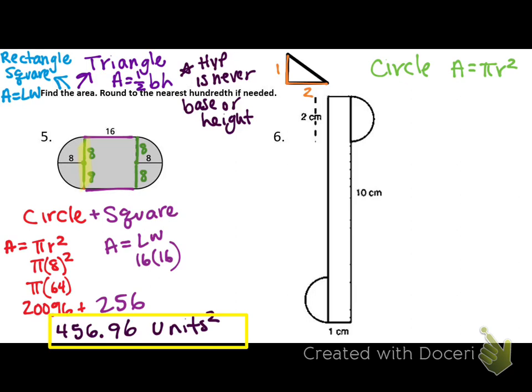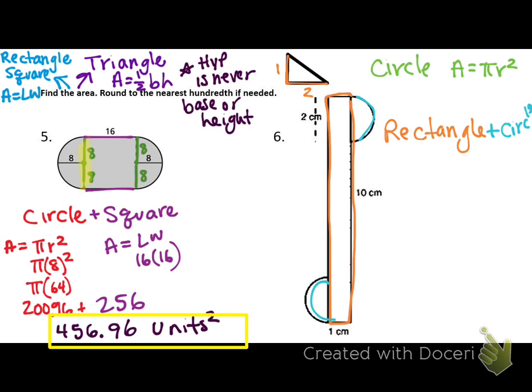The second one, we've got two things going on once again. So we've got a rectangle. And then, again, we have two halves of a circle. So, two halves will make a whole, so a whole circle.